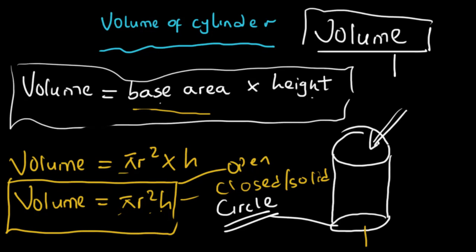So if I tell you that the volume of this cylinder is, let's say, 1000 centimeter cube, it means that this cylinder can contain 1000 centimeter cube of water, for example.